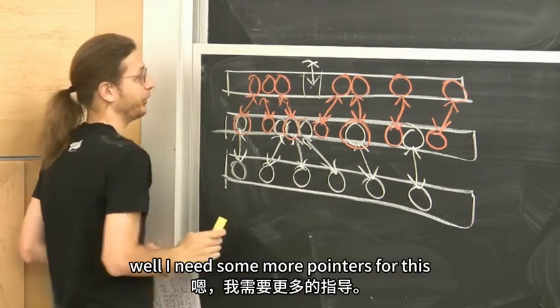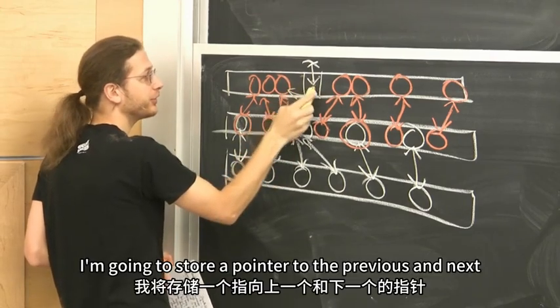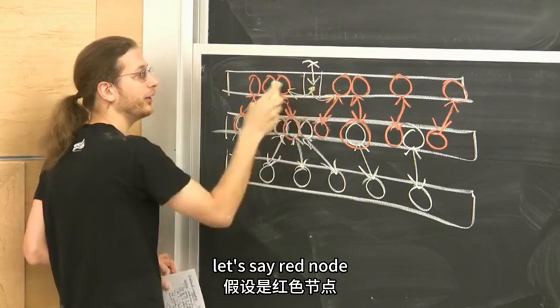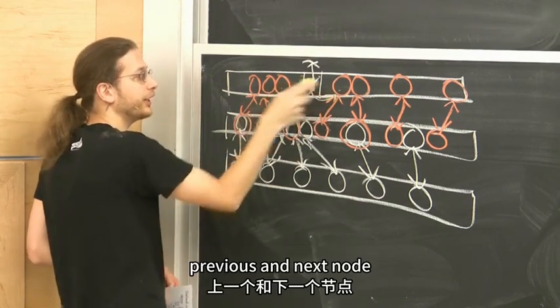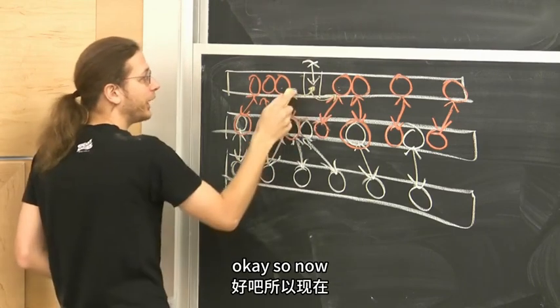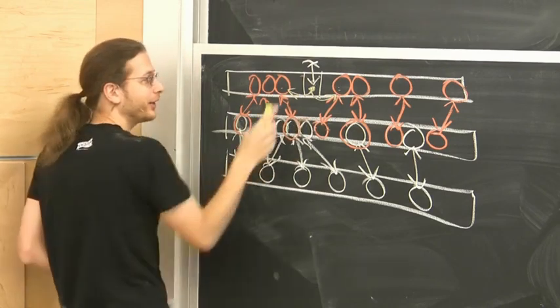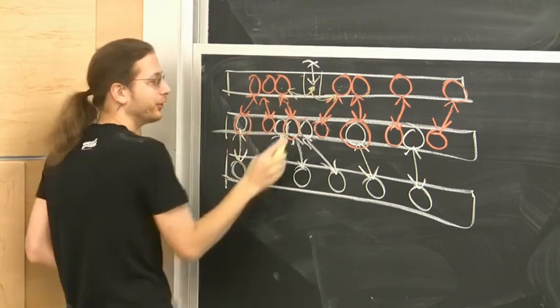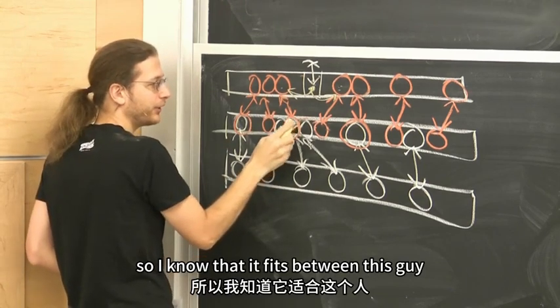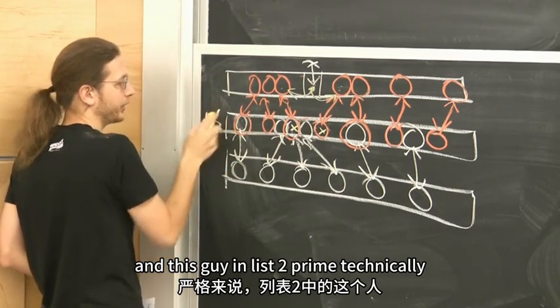Well, I need some more pointers for this. So for each item in here, I'm going to store a pointer to the previous and next, let's say, red node, I mean, the previous and next node that was promoted from the list below. Okay, so now I basically know where it fits here. Not quite, because this is only half the items. So I know that it fits between this guy and this guy in list 2 prime, technically.